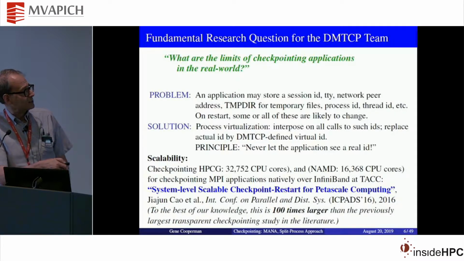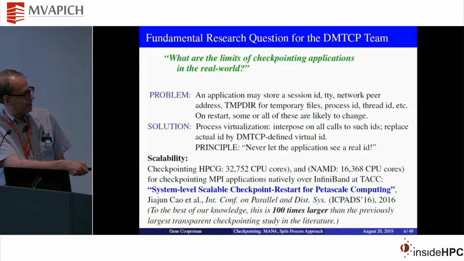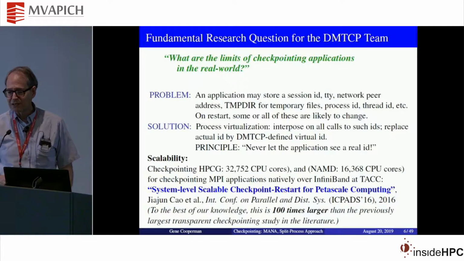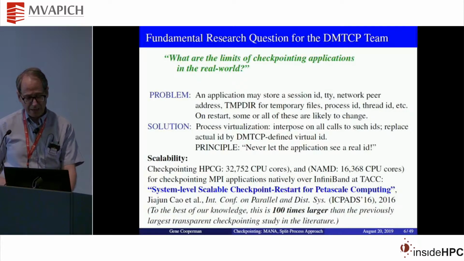But in any case, that's what's been driving us. It is scalable. There's a paper here that has demonstrated running with, in one case, 32,000 CPU cores, in the other case, 16,000 CPU cores. These are real world or close to real world benchmarks that are commonly used.